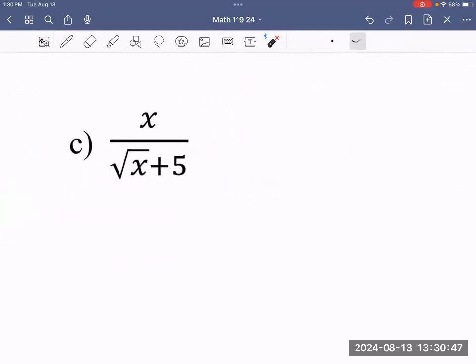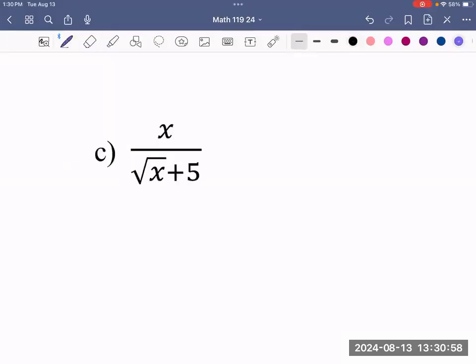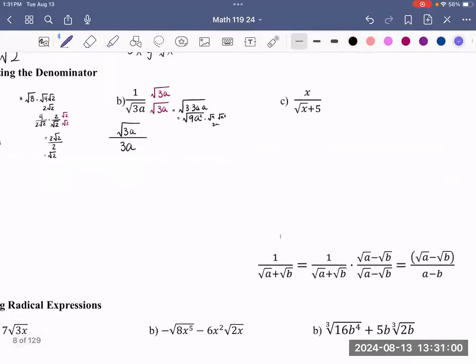Let's try it again over here. Now this one is a little bit different because we have an addition sign. Now what we're going to do is actually multiply by the complex conjugate. The complex conjugate is down below. It is really the difference of squares.